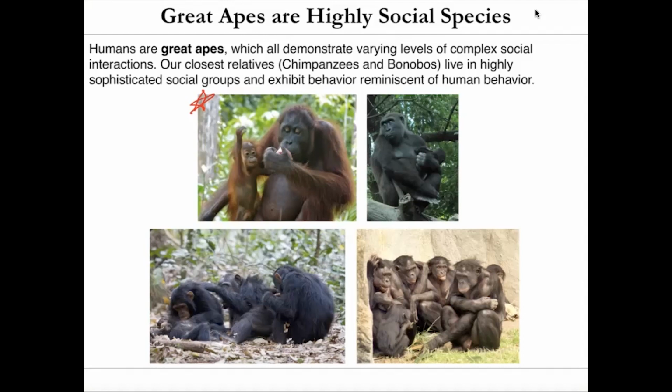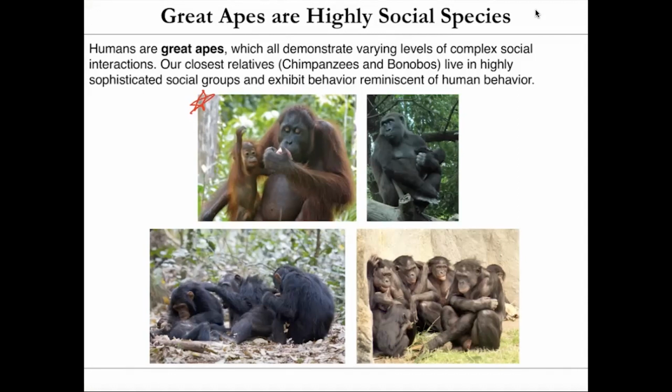But they really exist as a solitary species for the most part. Although they do have overlapping territories and have complex communications that they're able to use. But for instance, there really isn't any mutual grooming behavior that you observe in orangutans.